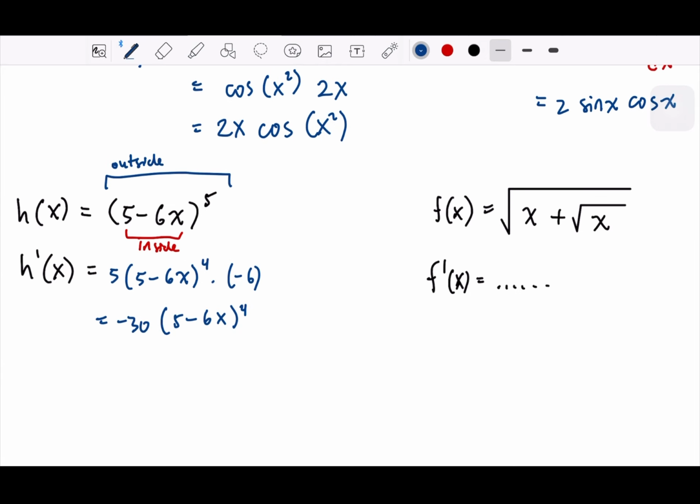The second one. How about the second one here? Anyone try?